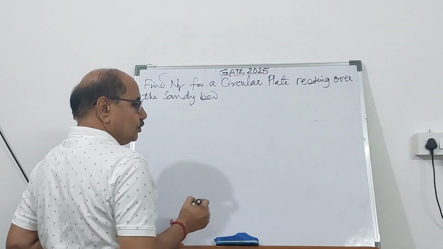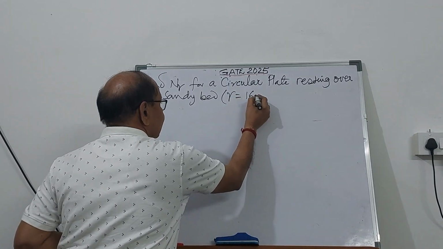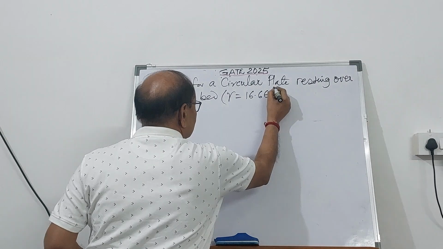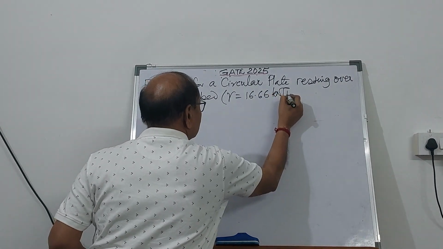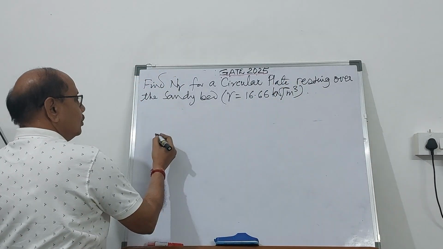The gamma value is given as 16.66 kilonewton per cubic meter for the sandy bed.